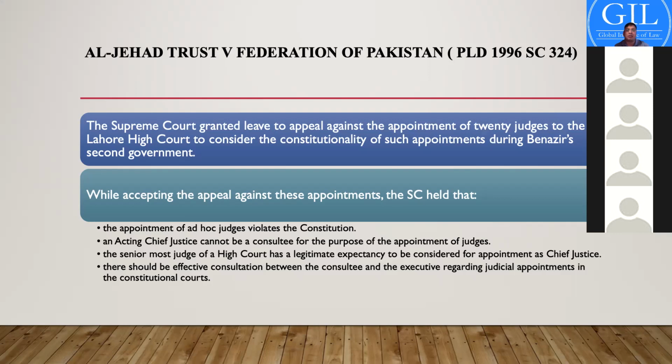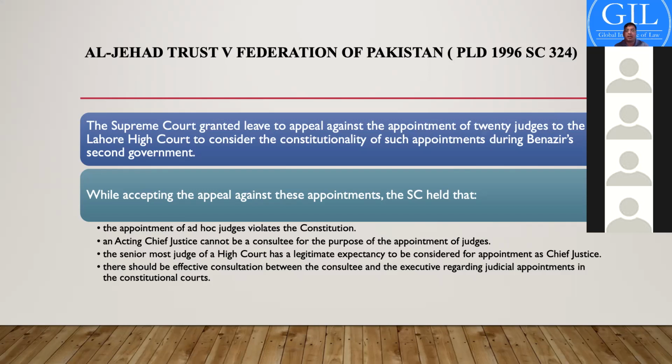While accepting the appeal against such appointment, the Supreme Court laid down these principles: that the appointment of ad hoc judges violates the Constitution, and acting Chief Justice cannot be a consultee for the purpose of appointment of judges. The senior-most judge of the High Court has a legitimate expectation to be considered for the appointment of Chief Justice.